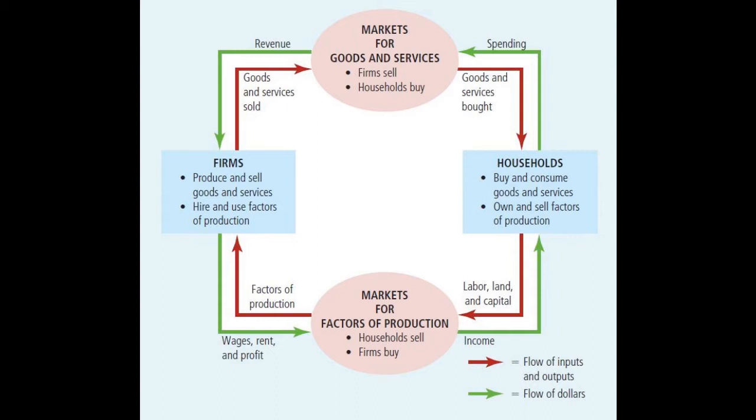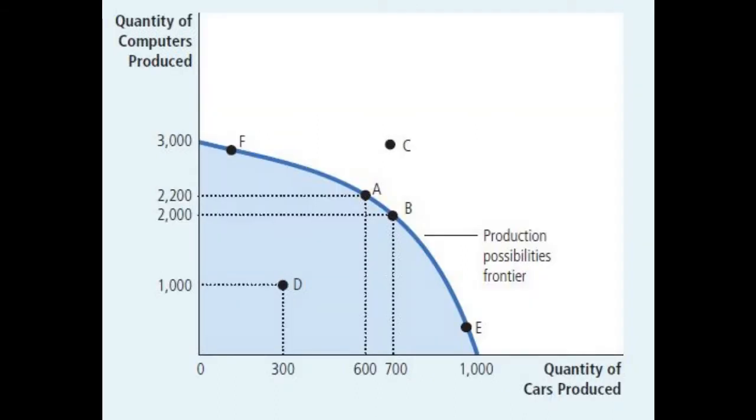And we also talked about the production possibilities frontier, or PPF. The PPF shows all possible combinations of two goods that a given country can produce in a given amount of time. So remembering our first two basic models is going to be important.